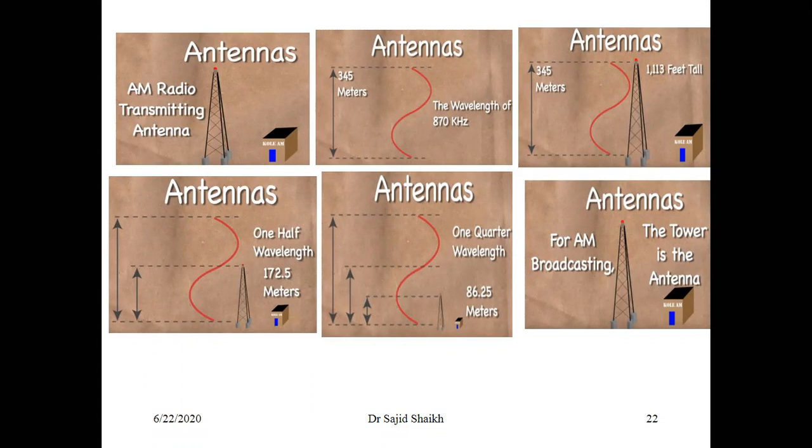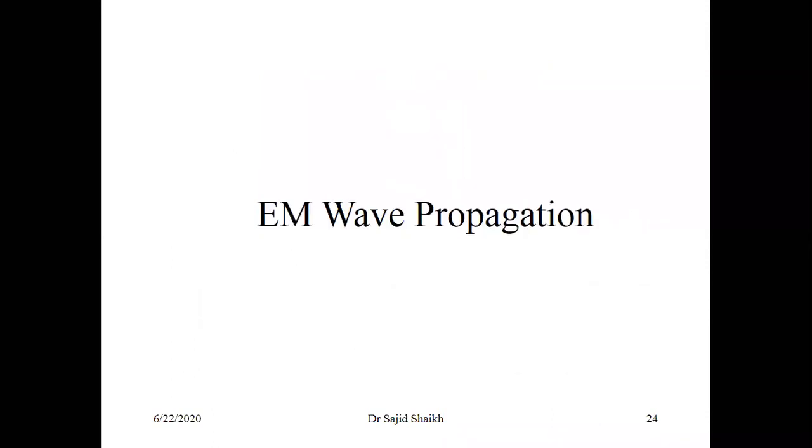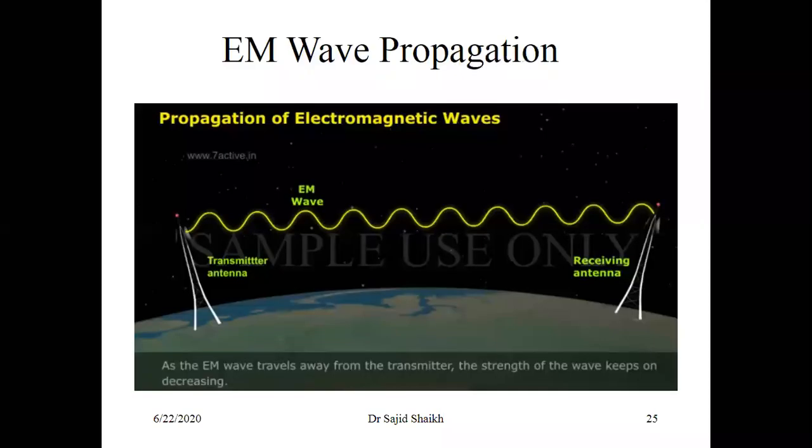We already discussed this, so I am not going to repeat the same thing. Further, when we are talking about the propagation of waves, this is the frequency spectrum. In the first lecture, we already discussed the frequency spectrum. So here is electromagnetic wave propagation. In front of you, you have a diagram.